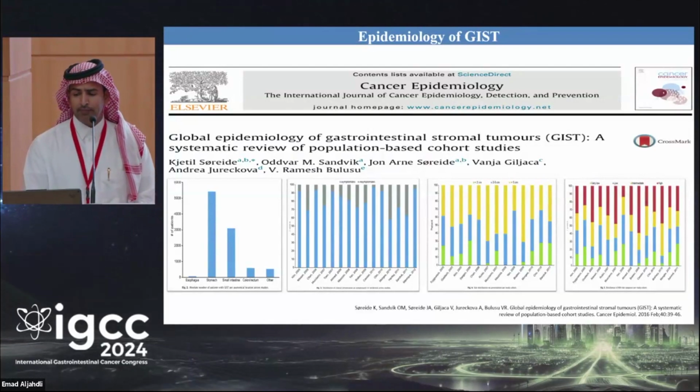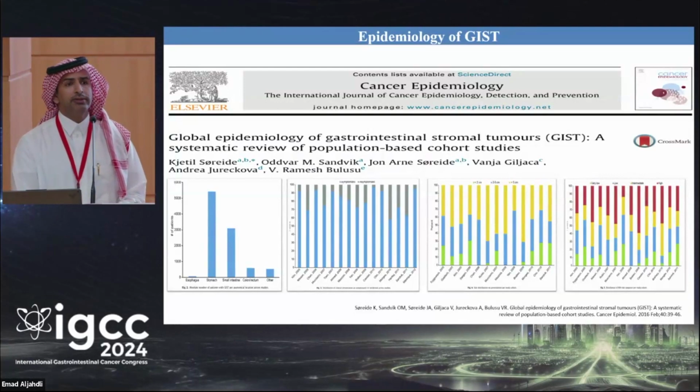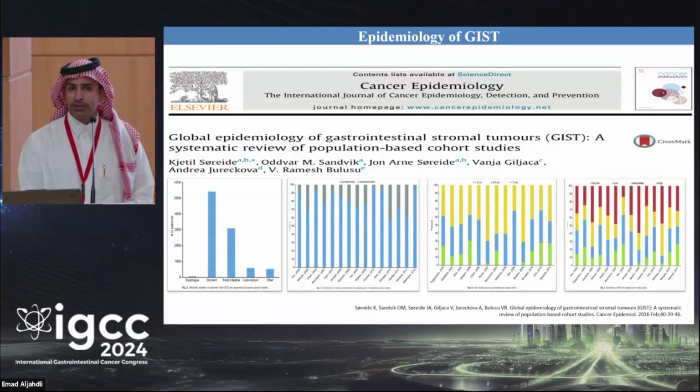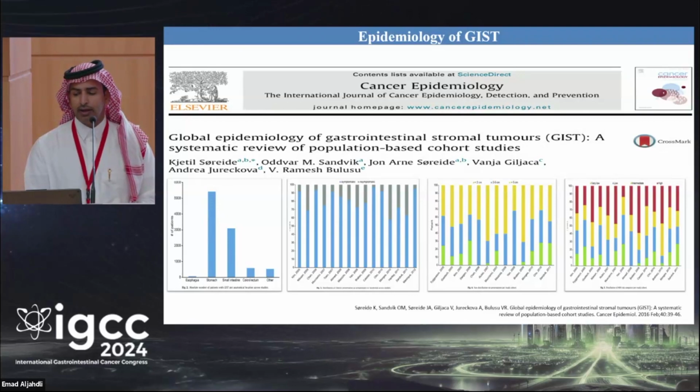In this study, they did not report all the sizes, but in the cumulative data, around 50% of the lesions were more than 5 centimeters, and most of the cases were low to intermediate risk.